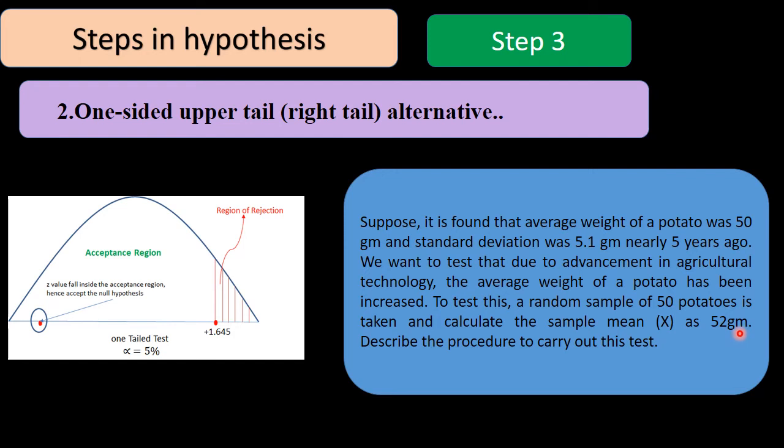That means it is higher than average. Then the alternative hypothesis is higher than average. That means it is an upper tail test, because the sample mean is higher than the population mean.